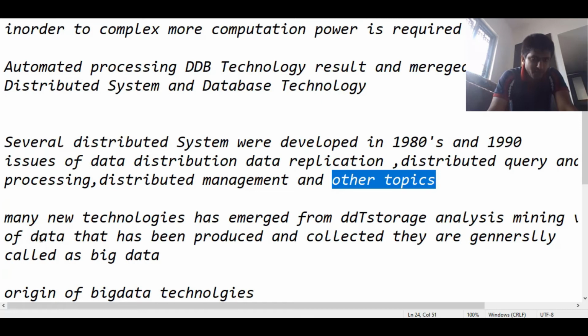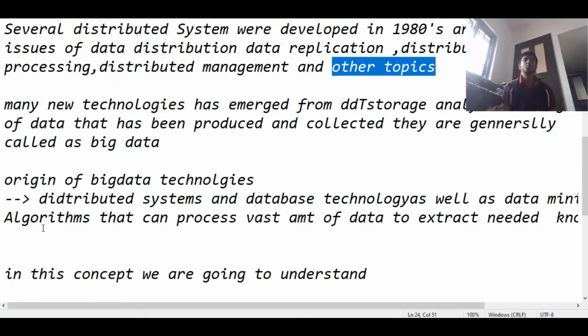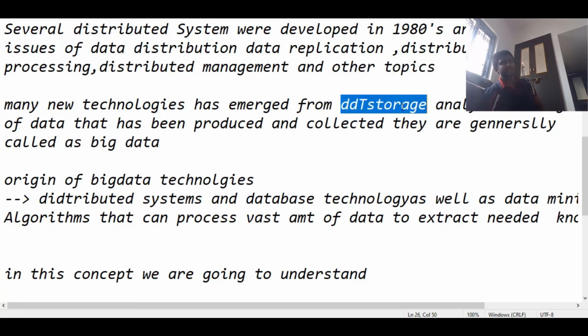Now we will give an overview of the many new technologies adopted. Storing, analyzing and mining the data that has been produced and collected is generally called big data technologies.